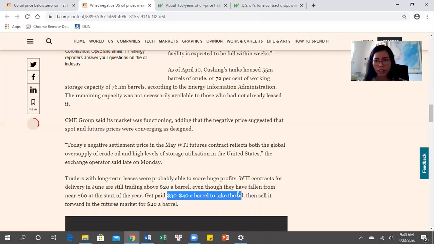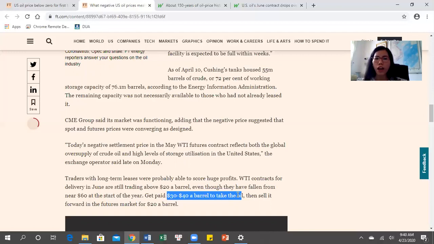The second possible explanation is that the oversupply of crude oil is more than demand. It means you have already produced it. Let's imagine you produce the crude oil, but nobody wants to buy it, and you still need a place to store the inventory.